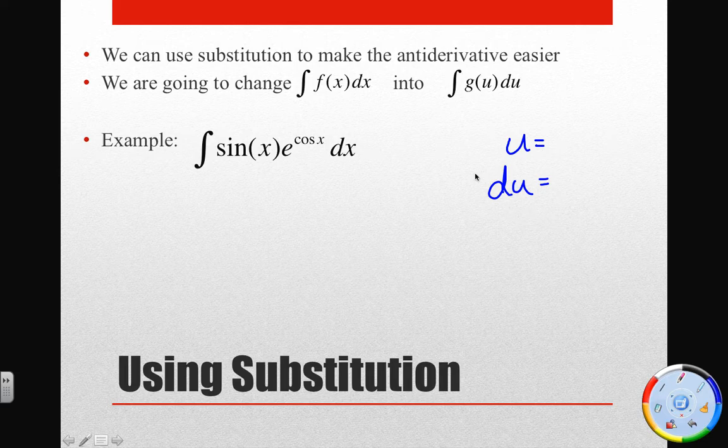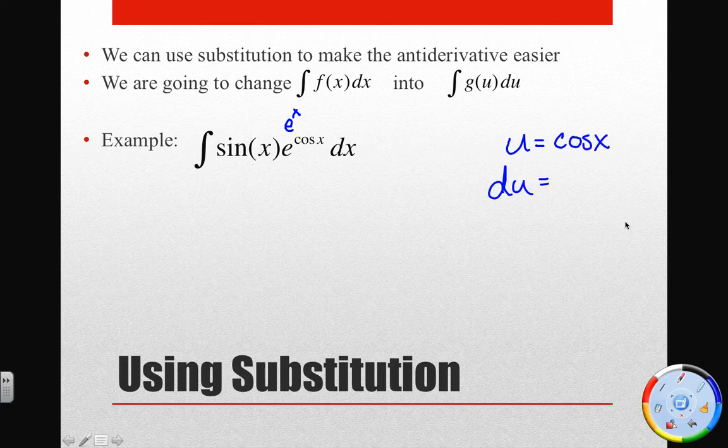Well, this is where you have to start becoming comfortable with this. I know the antiderivative of e to something. So it would be really nice if this was just e to the x or e to the u. So let's take that thing that's in the exponent.